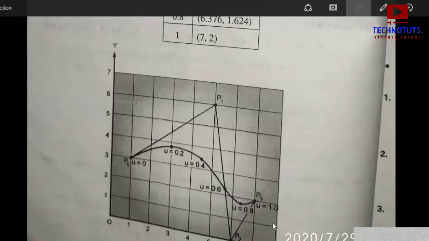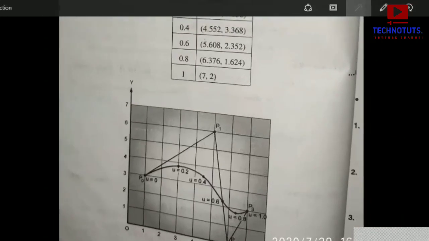The control points, P1 and P2, are also given in the question. Now we had to obtain 4 points on the curvature between the two endpoints P0 and P3, and we have already obtained them.